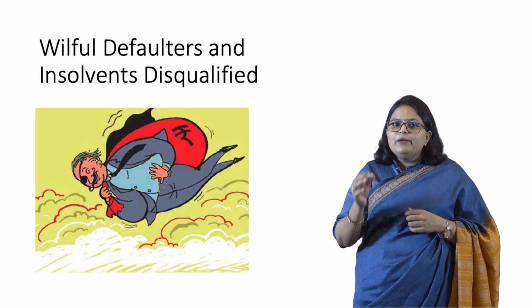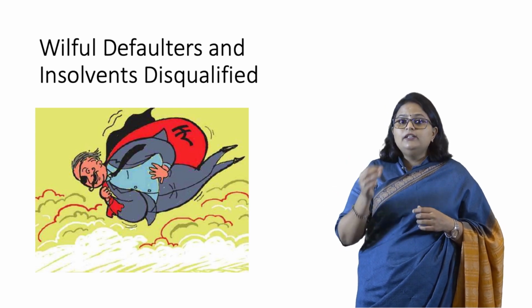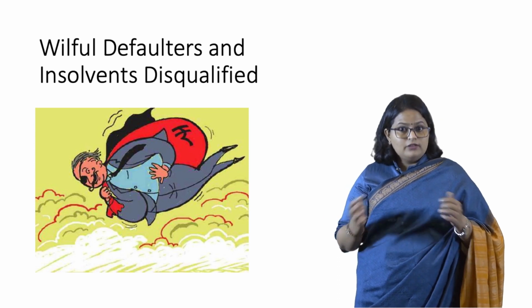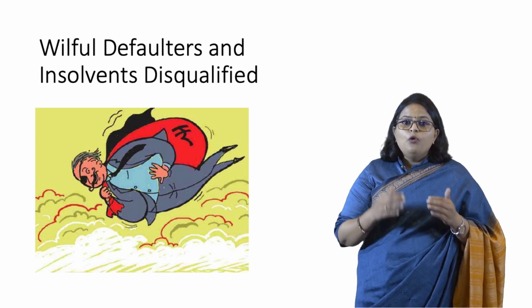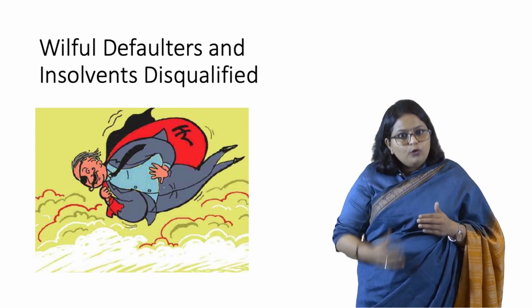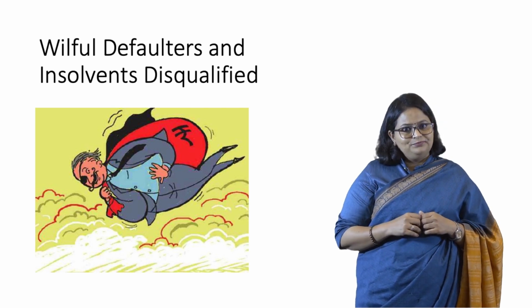The IBC Amendment Act 2018 has prohibited certain categories of persons such as undischarged insolvents, willful defaulters and persons who are the promoter or in the management or control of an eligible person from submitting the resolution plan.